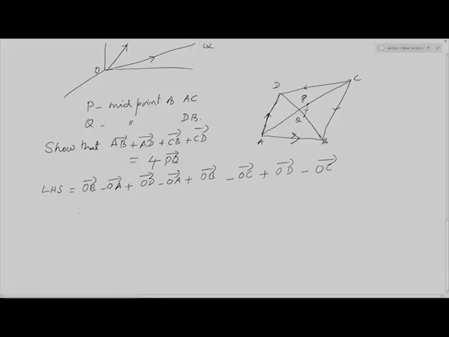Now there are positive terms and negative terms, I am just grouping them together. Therefore, it is equal to 2 times OB, because OB occurs 2 times, and the other vector OD is also occurring twice, and then minus, if I take 2 outside, OA plus OC.